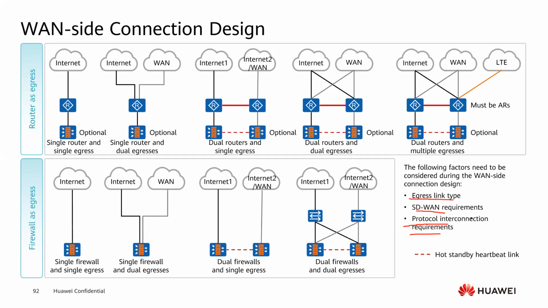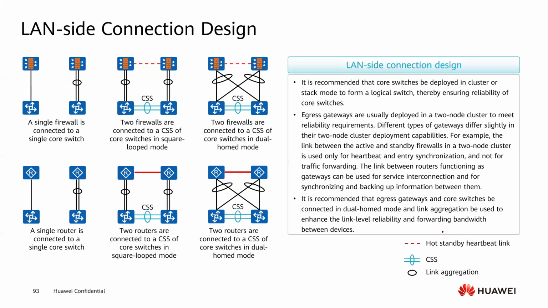And if you have a requirement for SD-WAN, we will suggest you use the AR series routers. We will introduce this in the SD-WAN course. And if you use BGP to connect to the external network, because we want to maintain a lot of route information, we suggest you use routers as the egress devices.